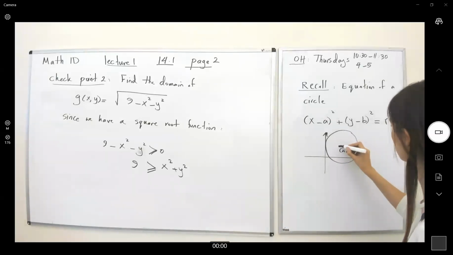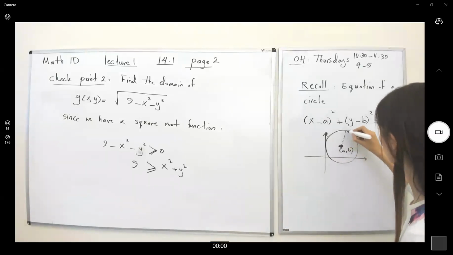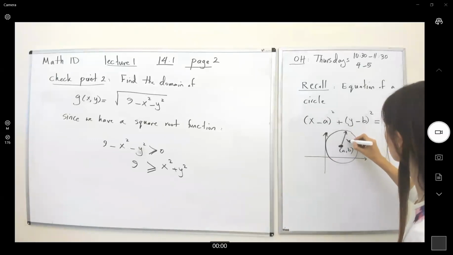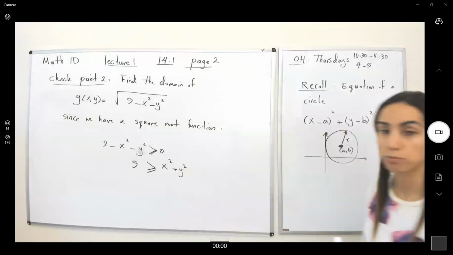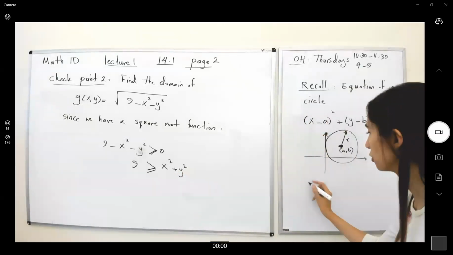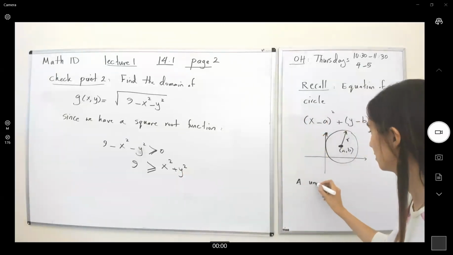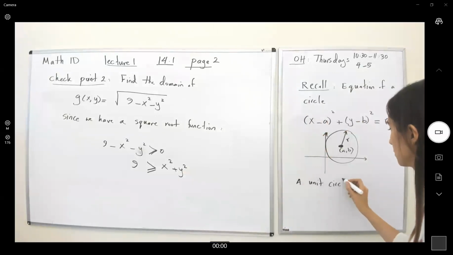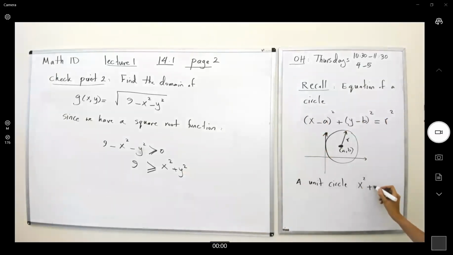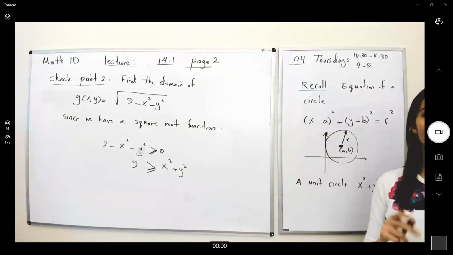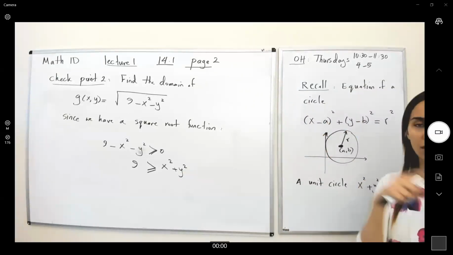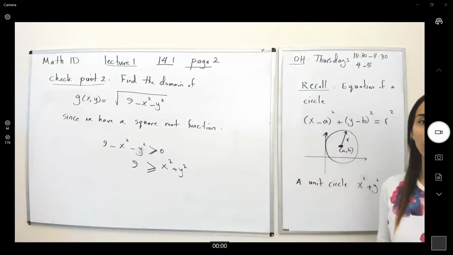This is your circle. This is your radius r. Okay. x squared plus y squared. We know that a unit circle is x squared plus y squared equals 1. If a and b are 0, it means that your circle is centered at the origin.